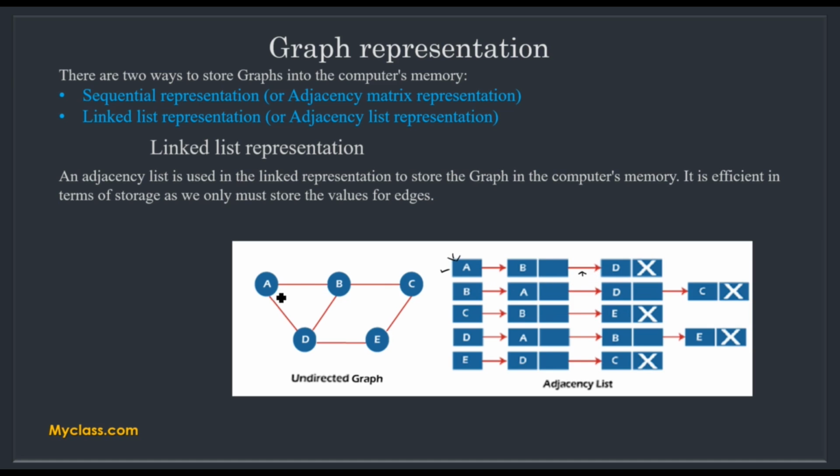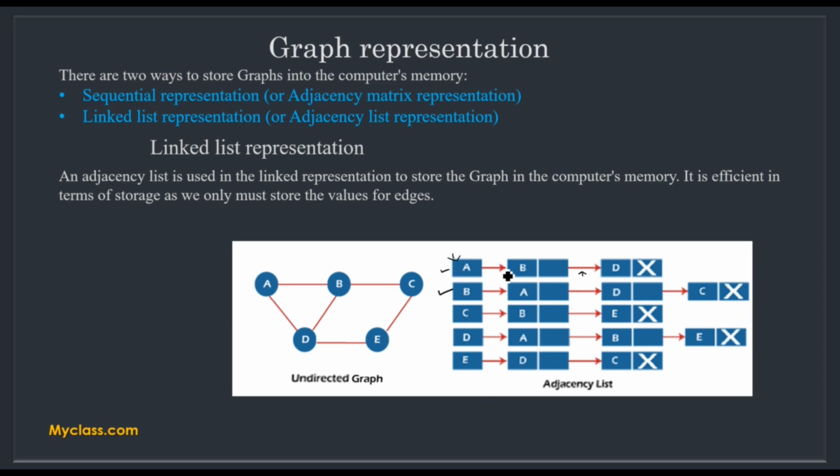So for A, there are 2 edges, B and D. For B, there is an edge to A and to D, and also C. For C, B and E are there. For D, A, B, E are there. For E, D and C are there. That is the adjacency list representation of an undirected graph.